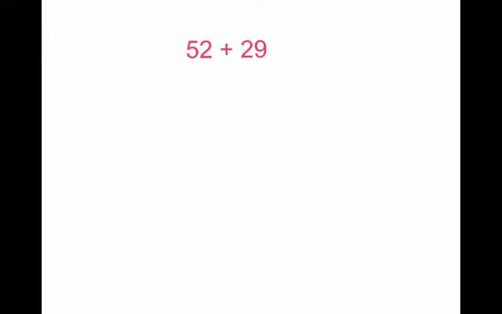Alright, let's take a look at 52 plus 29. I'm going to start with 29 this time because if I know I can get to a friendly 10, the rest seems pretty easy. That's the way I think. You might think about this differently.